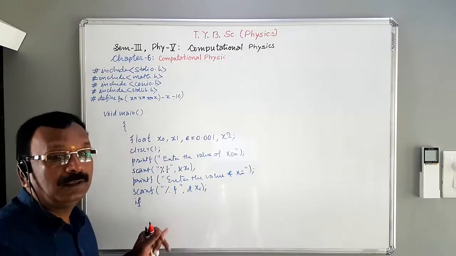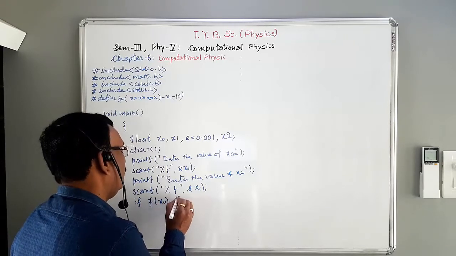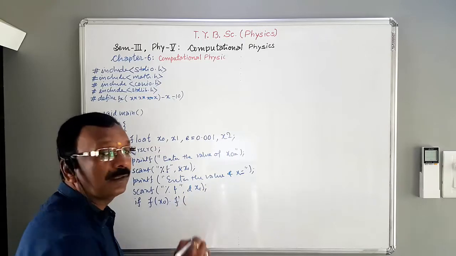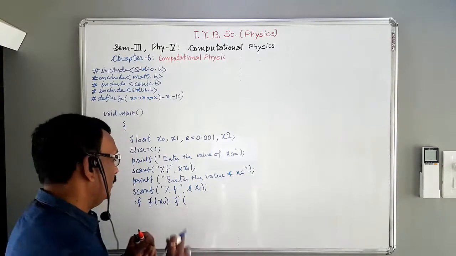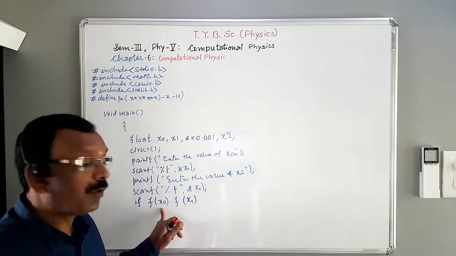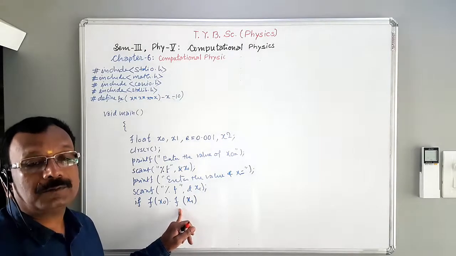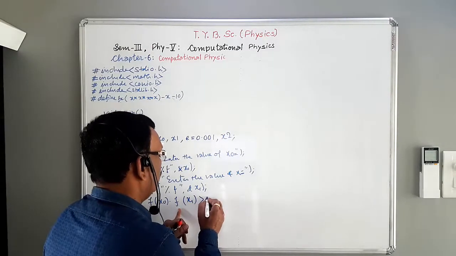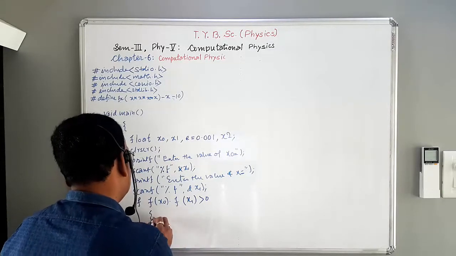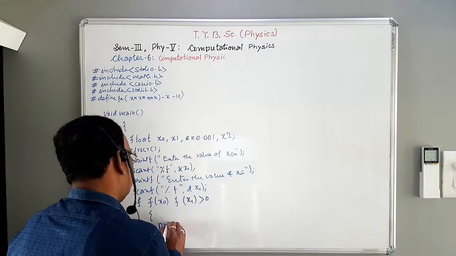If the condition is f of x0 into f of x1, that is, whether the product of the function values at the two points is greater than 0. If yes, true, then the body of the if is printf.